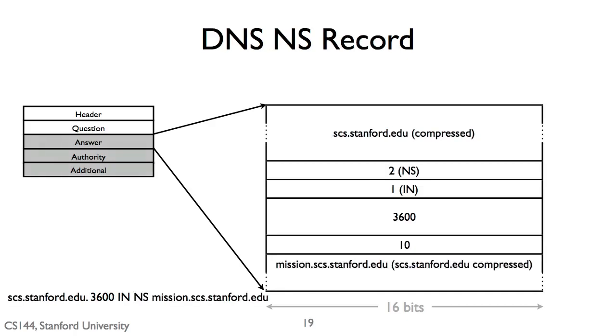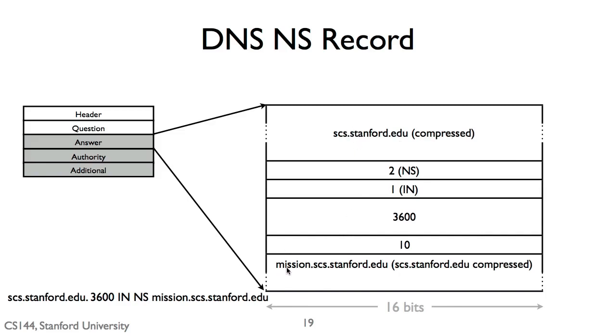An NS record, say the name server record for scs.stanford.edu, looks similar, where we have scs.stanford.edu in the name section. Again, it might be compressed. Then we have 2 saying that this is an NS record. Again, it's the internet, time to live 3600. And then the length is, say, 10. It turns out that scs.stanford.edu is compressed because it's been mentioned elsewhere.